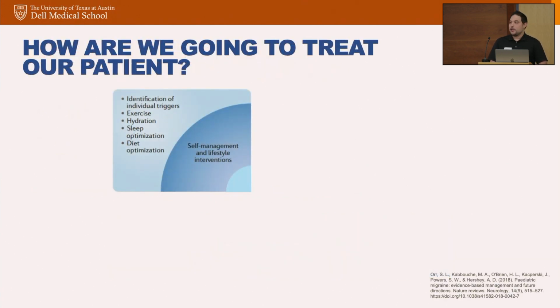So now how are we going to treat our patient? So we treat our patient multimodally. We start off with self-management and lifestyle modifications, talking about identification of triggers, making sure our patients are exercising, making sure they're drinking enough water, making sure their sleep is optimized, and making sure they're eating 3 meals a day and not skipping any meals.